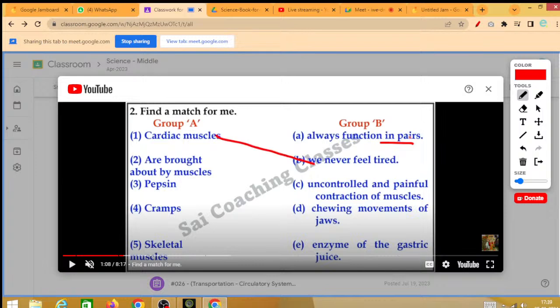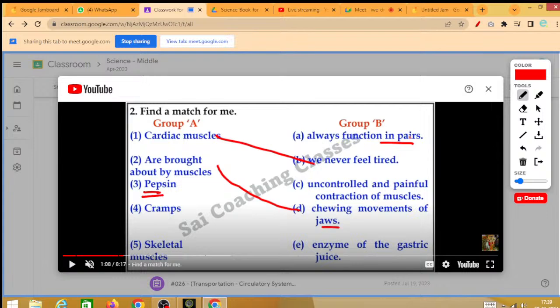Uncontrolled painful contraction, chewing movements of jaws, enzyme. Muscles give us movement, right? So which one should it be? Yukti, you tell. D. Very good. Read the sentence. Movement of jaw. Very good.